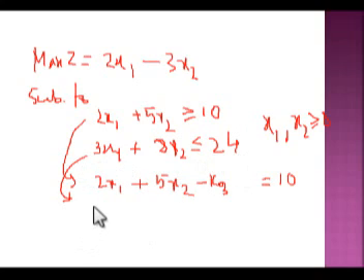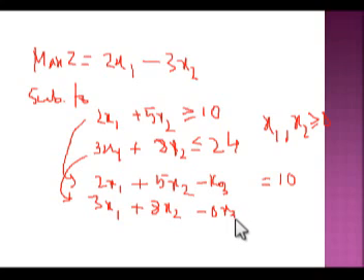So now we use a slack variable: 3x1 plus 8x2, there will be 0 minus 0, and put in here 0x3.